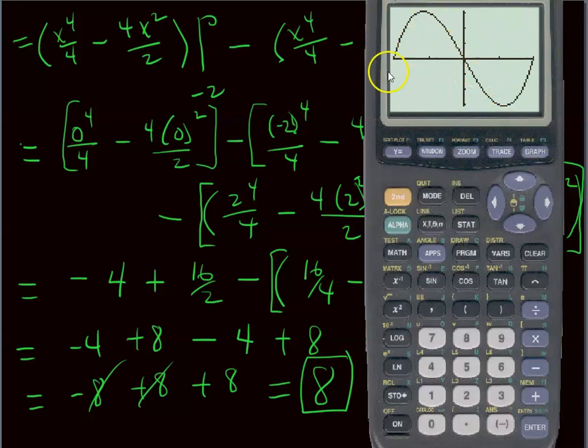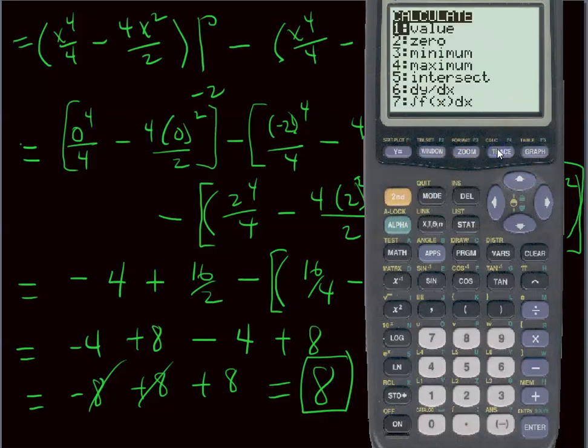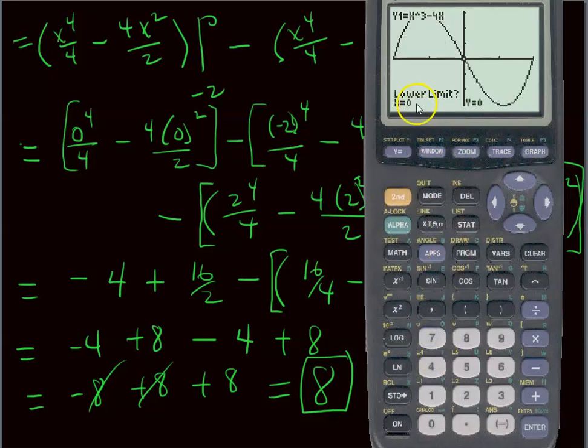Now, find the sum for this left side. You do a second calc, number 7. The lower limit is negative 2. The upper limit is 0. And it gives you positive 4. That's right. Okay.